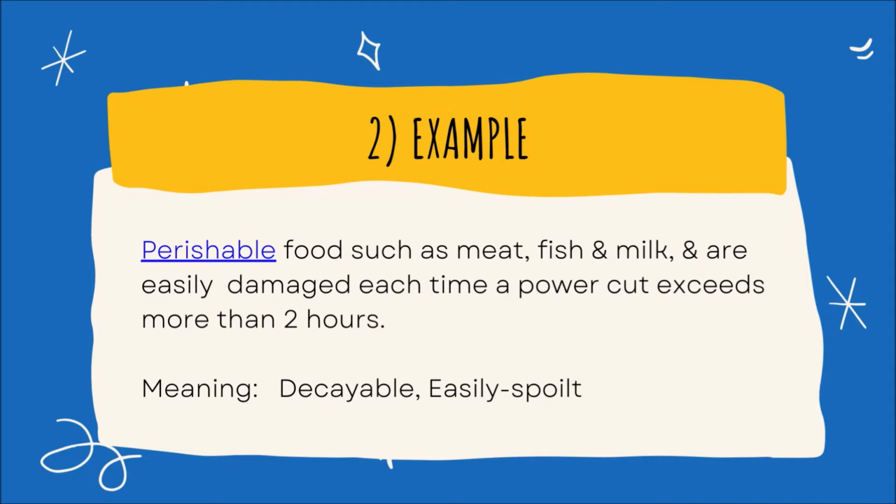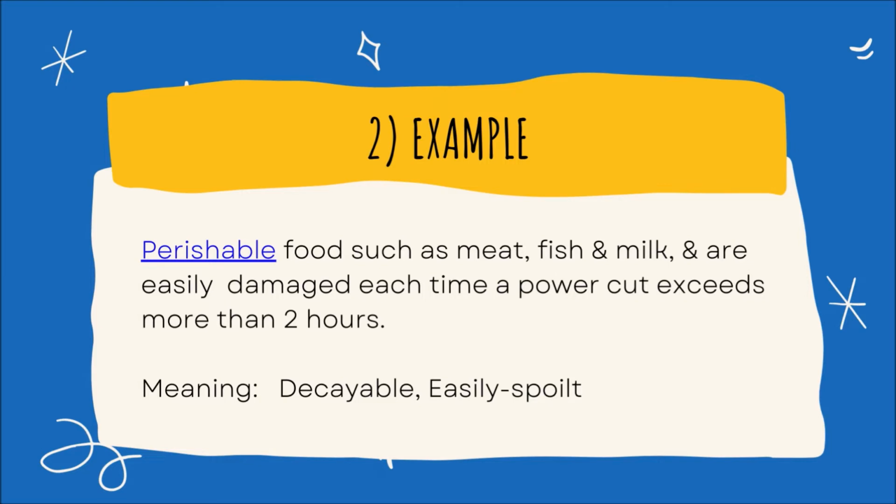The next one is through example. Sometimes, when you are not sure of the meaning of a certain word, you can try to look for the example given related to that word. For instance, in this example, perishable food such as meat, fish, and milk are easily damaged each time a power cut exceeds more than 2 hours.